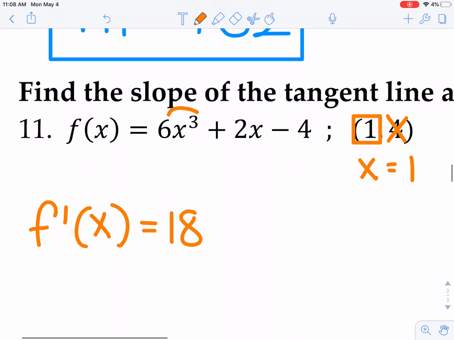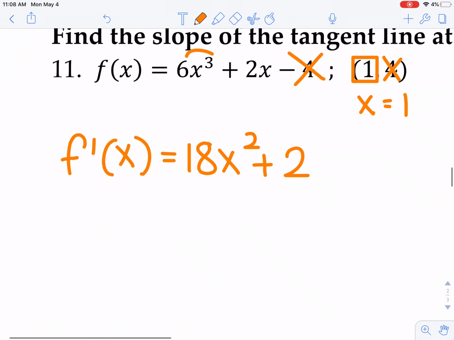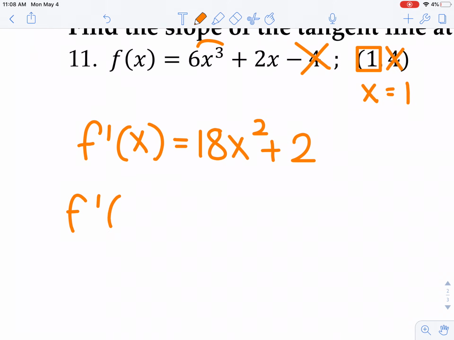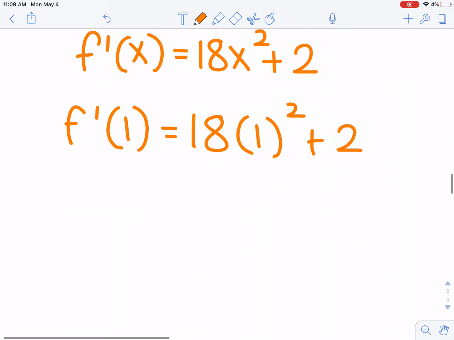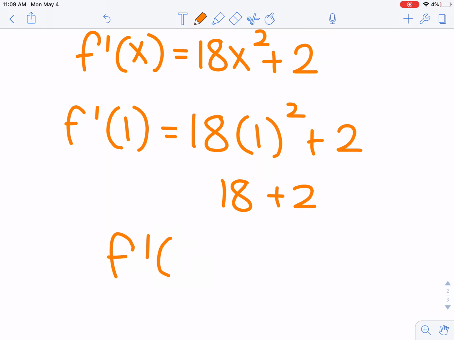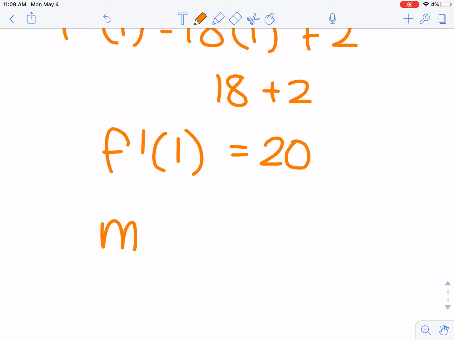That's going to be 18x squared plus 2. The 4 goes away. Plug in the point. This one I think I can actually do in my head. 1 squared is 1, so 18 times 1 is 18, plus 2 is 20. So f prime of 1 is 20, which means the slope of the tangent is 20.